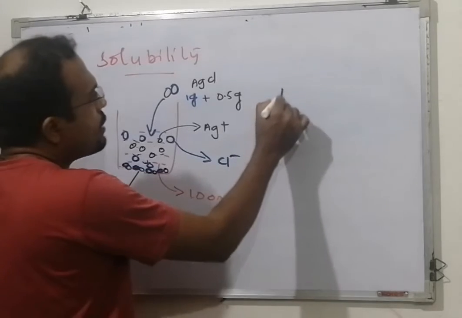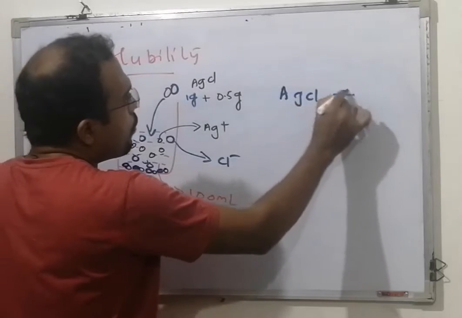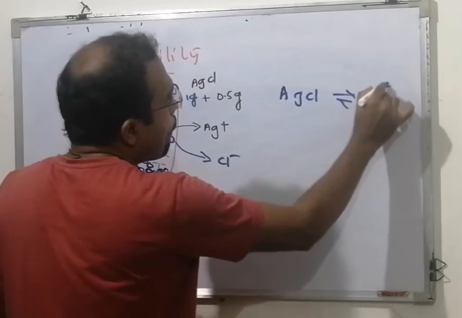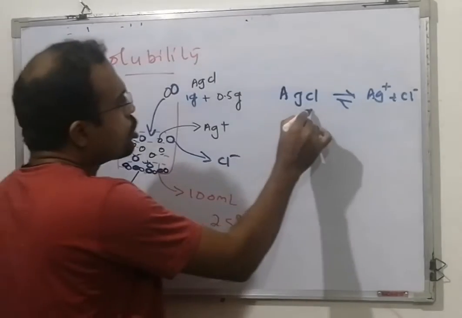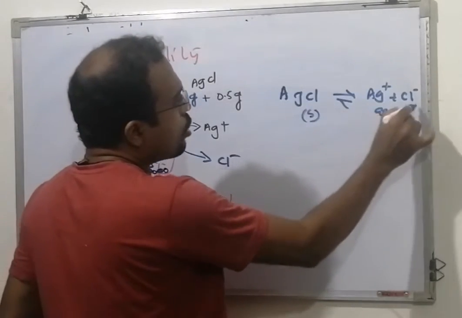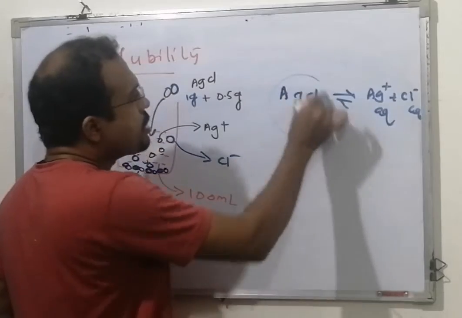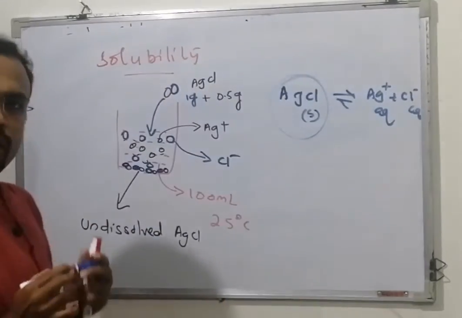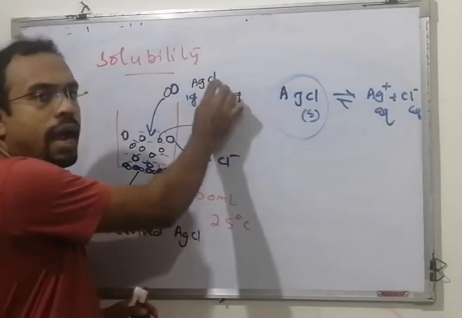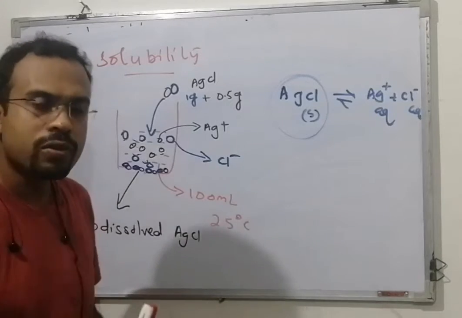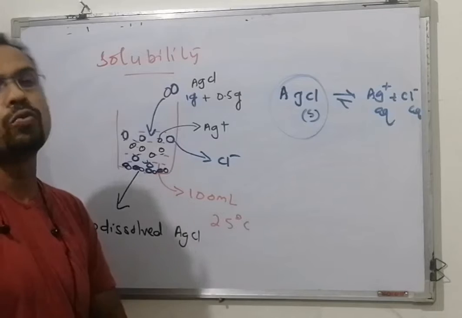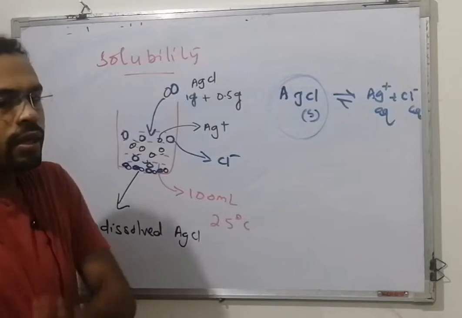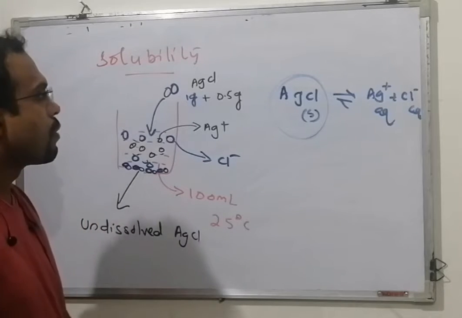Now there is an equilibrium. Please understand that. This is solid, this is aqueous, this is aqueous. What does this mean? Is this the AgCl I added? No. This is undissolved AgCl, settled at the bottom of the beaker in solid form.